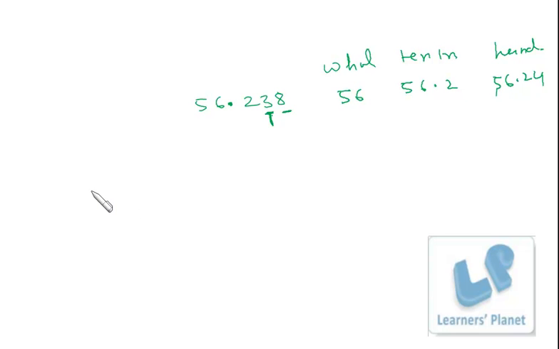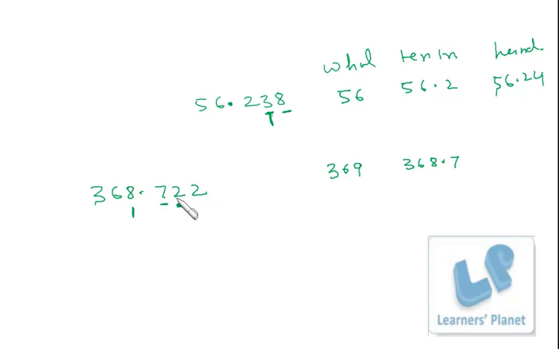One more I take, 368.722. Nearest whole number, the number after decimal is more than 5, so I add 1 over here. Nearest 10th, see the number at the second position, it is less than 5, so I write it as it is.